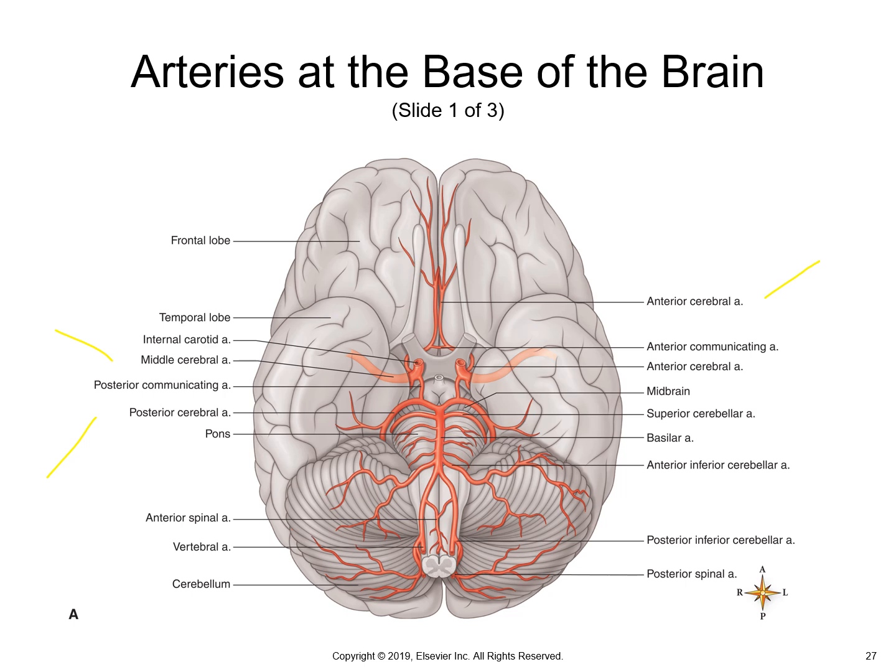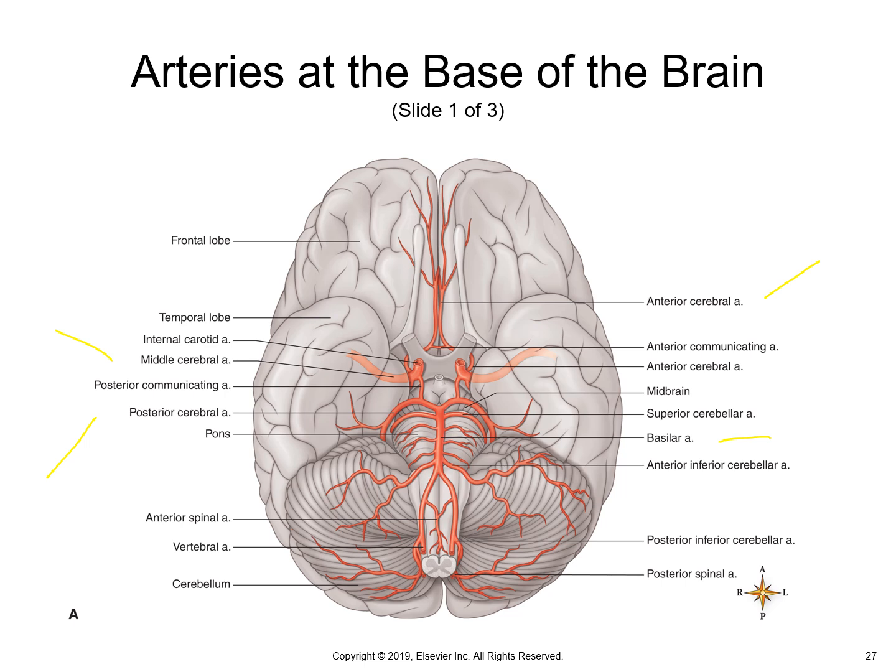So additional arteries are the basilar artery, which is here. And that artery is basically formed by merging of vertebral arteries, supplying the brainstem and also the cerebellum.